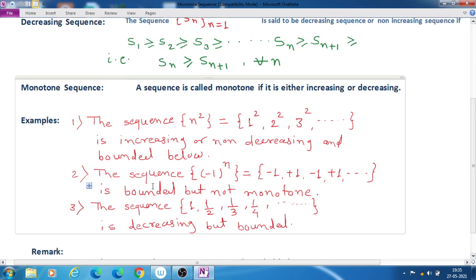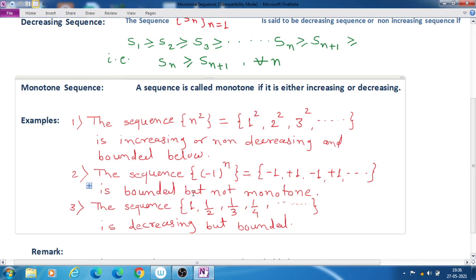The next example, the sequence minus 1 raised to n. The terms in this sequence are: for n equal to 1, minus 1; for n equal to 2, minus 1 square, that is plus 1; for n equal to 3, minus 1 raised to 3, therefore minus 1. So the alternating terms are minus 1 and plus 1. This sequence is not monotone because it is neither increasing nor decreasing.